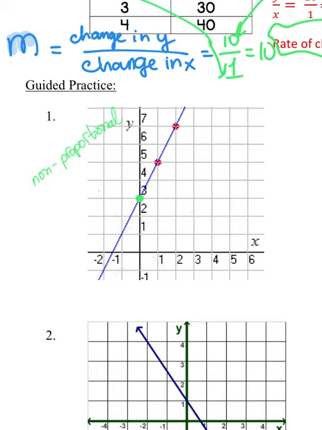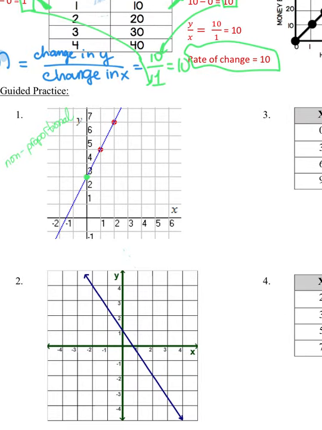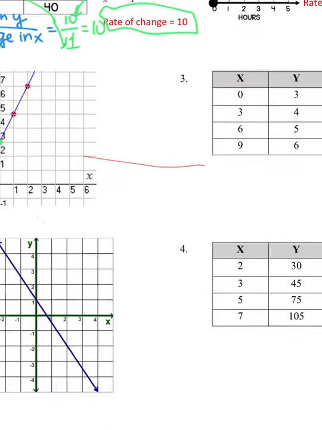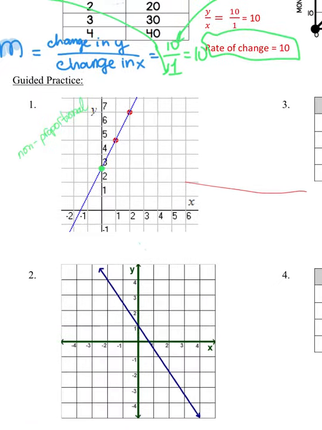All right, let's find the rate of change for this linear line. Okay, so when you are given a graph, you must create a table, like number 3 and number 4. Okay?